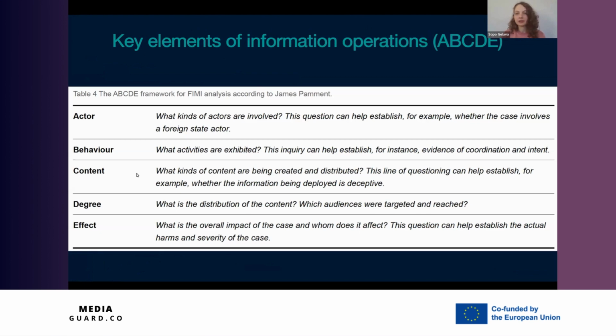A stands for actor. So who is the actor? Is it a formal actor, state actor, non-state actor, foreign state actor, domestic threat actor? So actor is very important. And especially tomorrow when we will discuss some coordinated networks on Facebook, social media platforms help us to identify the actor.